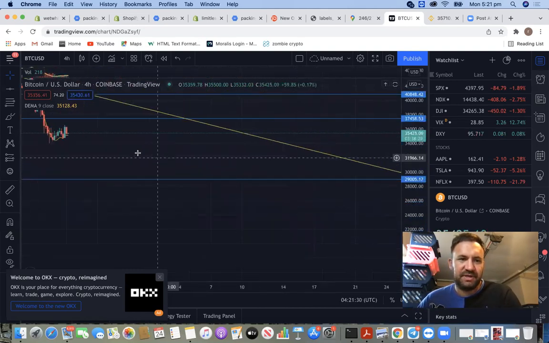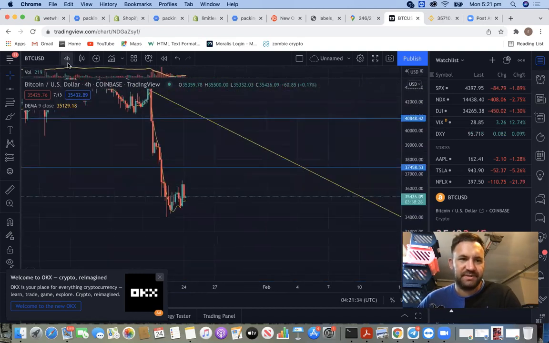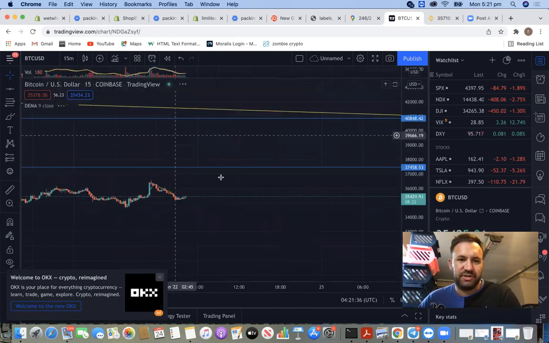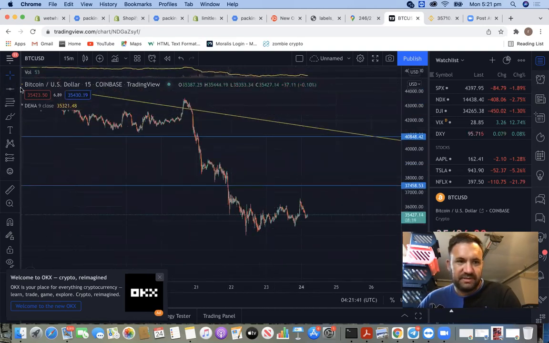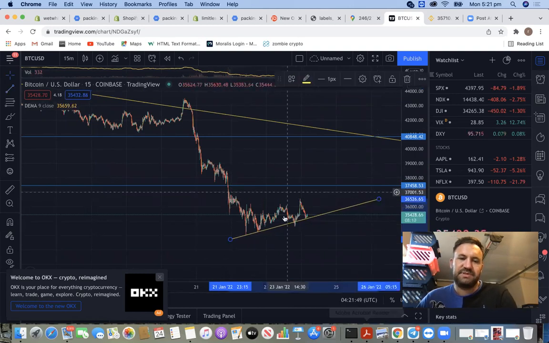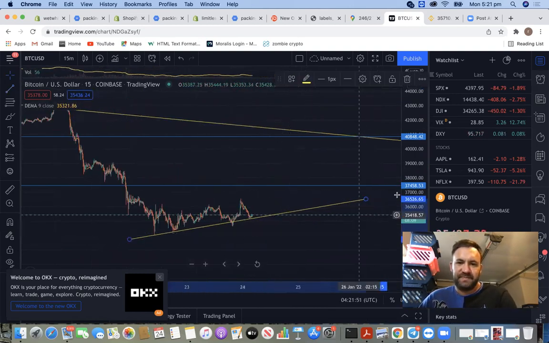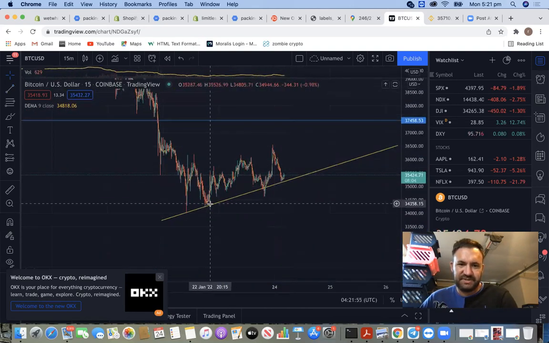You can do them on a smaller timeframe, like the 15-minute candles, as well for when you're scalping. You could say basically we're setting a slight uptrend here, which touched here, we've touched here.